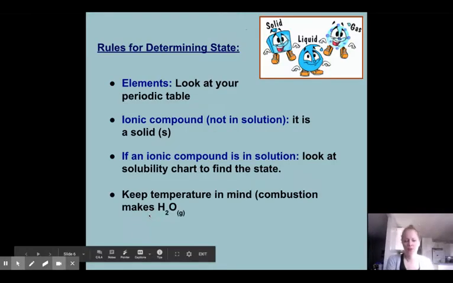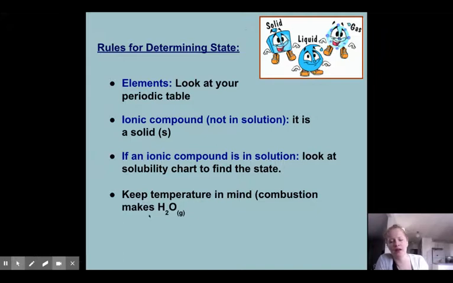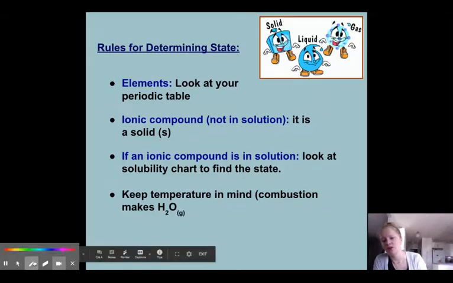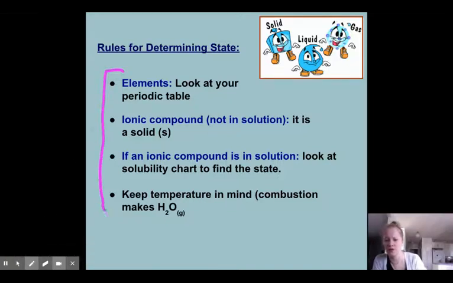Okay, so how do I figure out the state of each one of my formulas? So we will end up using our solubility chart, but that doesn't work for everything. We need to look at a couple different things that we could end up seeing. This would be something important to write down in your notes. Super duper important.